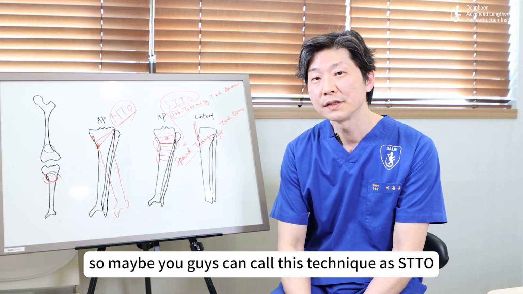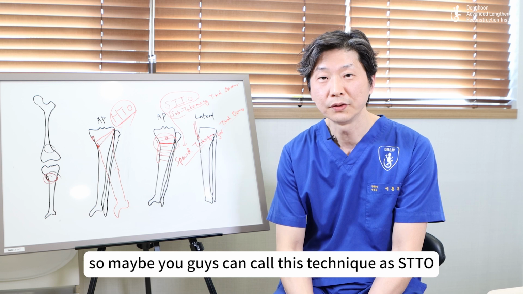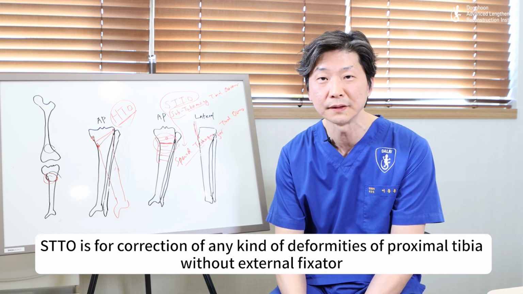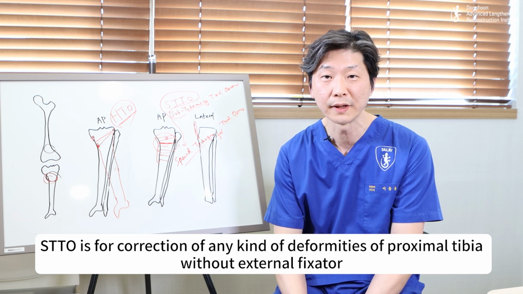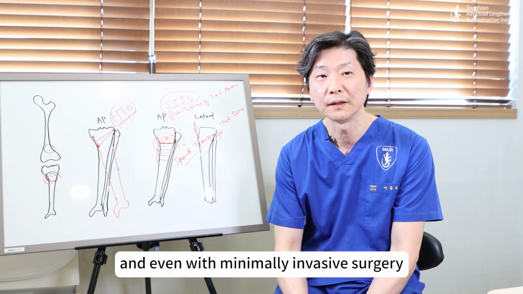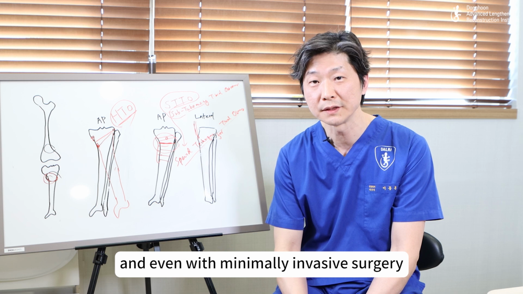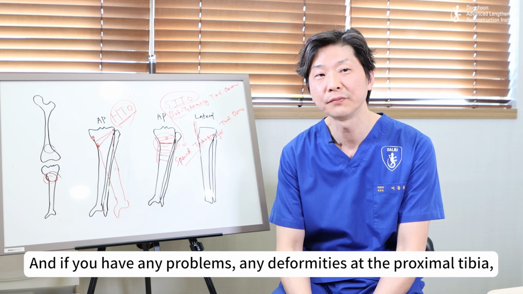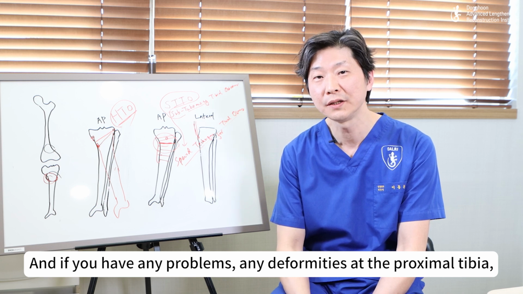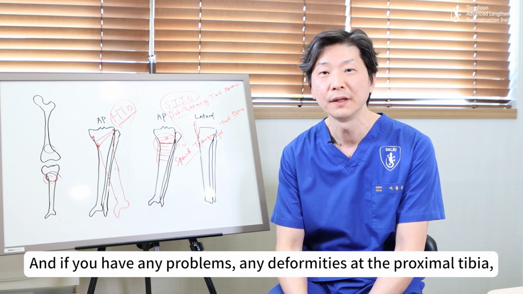So maybe you can call this technique STTO. STTO is for correction of any kind of deformities of the proximal tibia without an external fixator, and even with minimally invasive surgery. I hope you remember this surgery, and if you have any problems, any deformities of the proximal tibia, you can contact us.